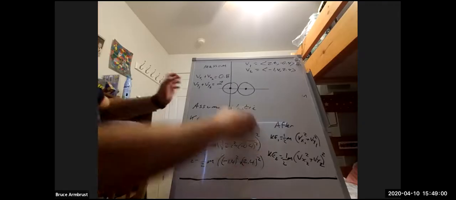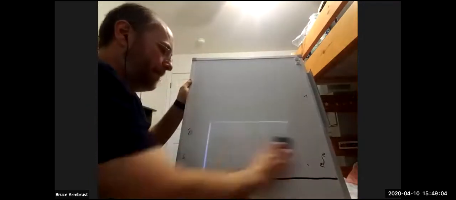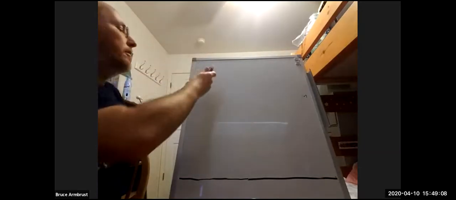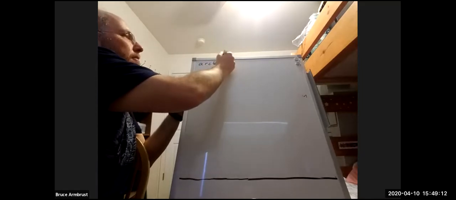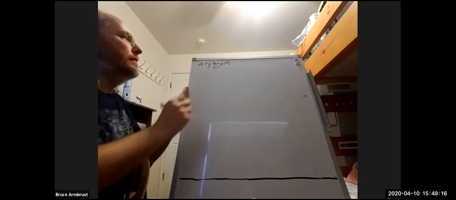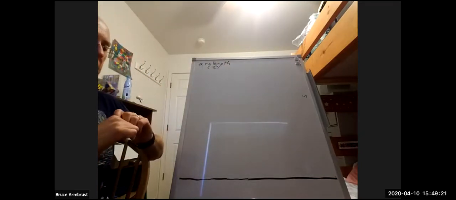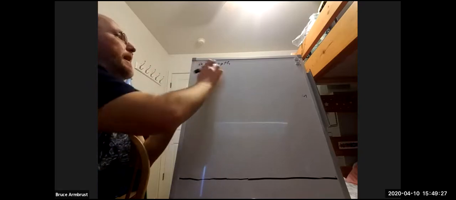So let me just write some things up to refresh your memory. Some things that we talked about last time. We had arc length, and for arc length we use the letter S. It literally is what it sounds like. It is the length of an arc of a circle as we go through a certain path.